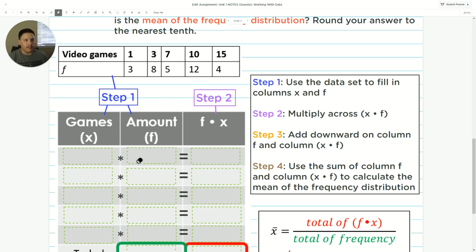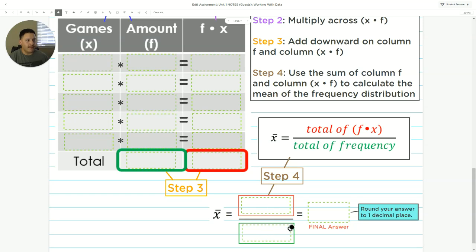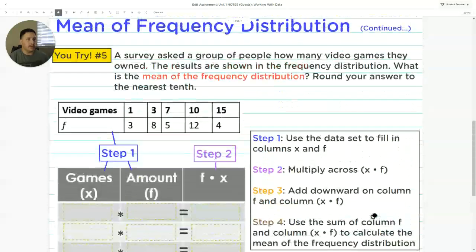Step 2, you're then going to multiply them across to get the F times X column. Step 3, you're going to add the FX column and then the F column, and divide them in step 4 to get your final answer. And then make sure you round your answer to 1 decimal place. So go ahead and pause the video. Try this problem on your own. Otherwise, I'm going to go through it and show you all how to do this.